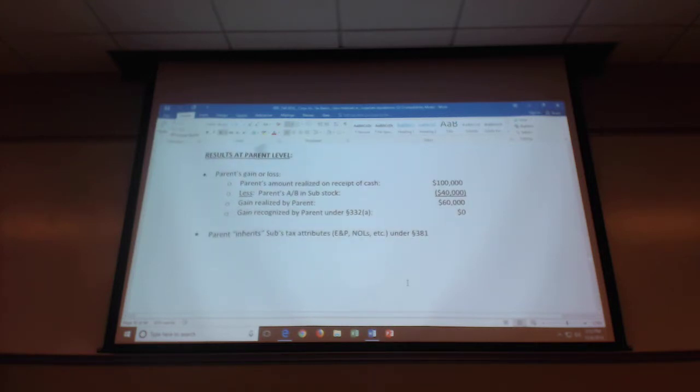So if the subsidiary has earnings and profits, and it liquidates up into the parent corporation, the parent takes over the earnings and profits of the subsidiary. It also takes over or inherits other tax attributes, such as NOLs, that stands for net operating losses, and other items, so that they don't get lost in the shuffle.